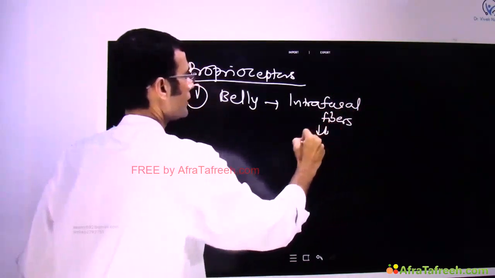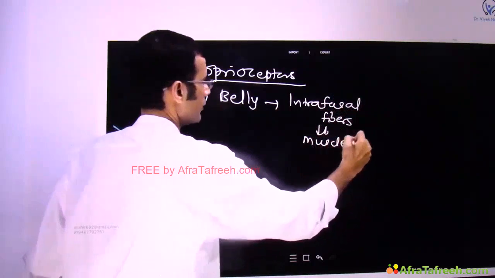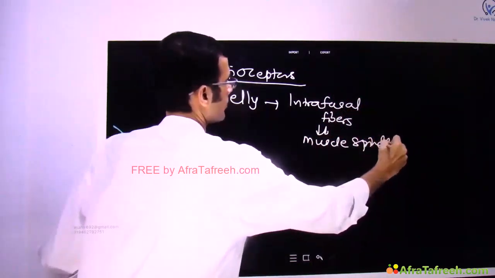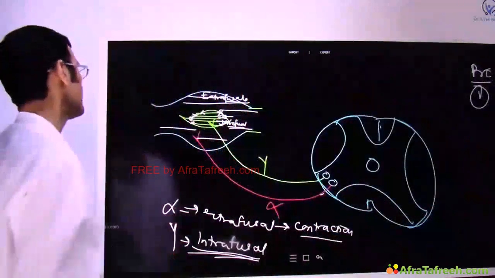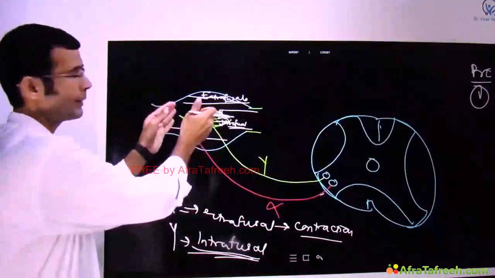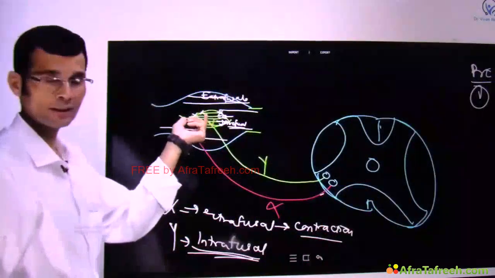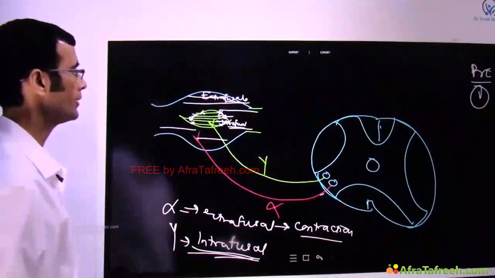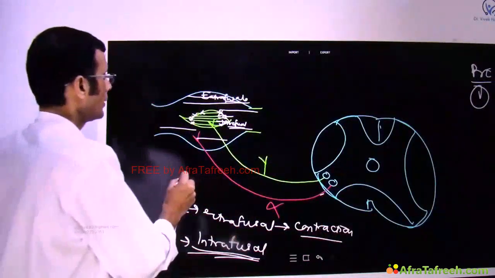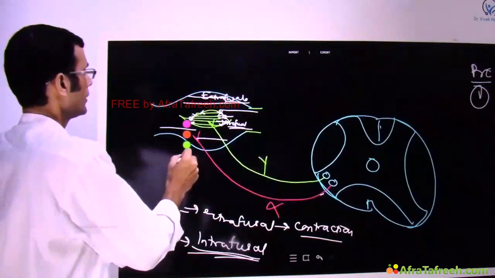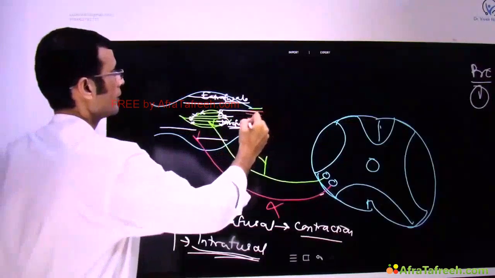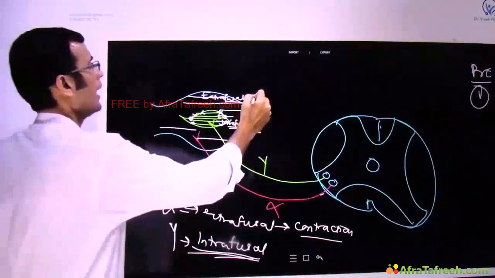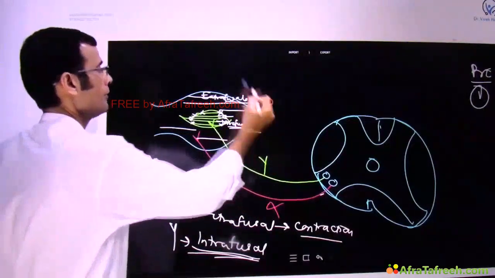This is called the muscle spindle. So just note this point, that intrafusal fibers form the muscle spindle near the belly, the central part of the muscle. The other proprioceptor is situated in the tendon of the muscle, and it is made up of tendon fibers.